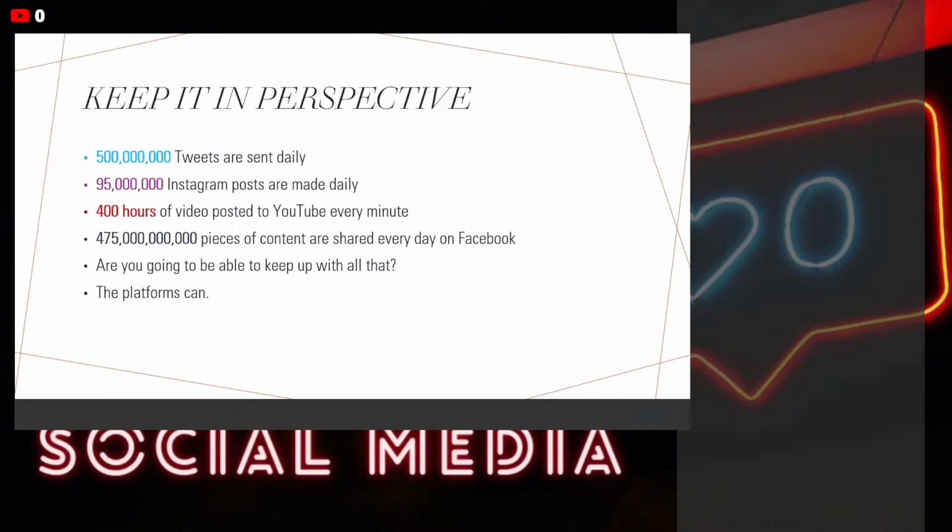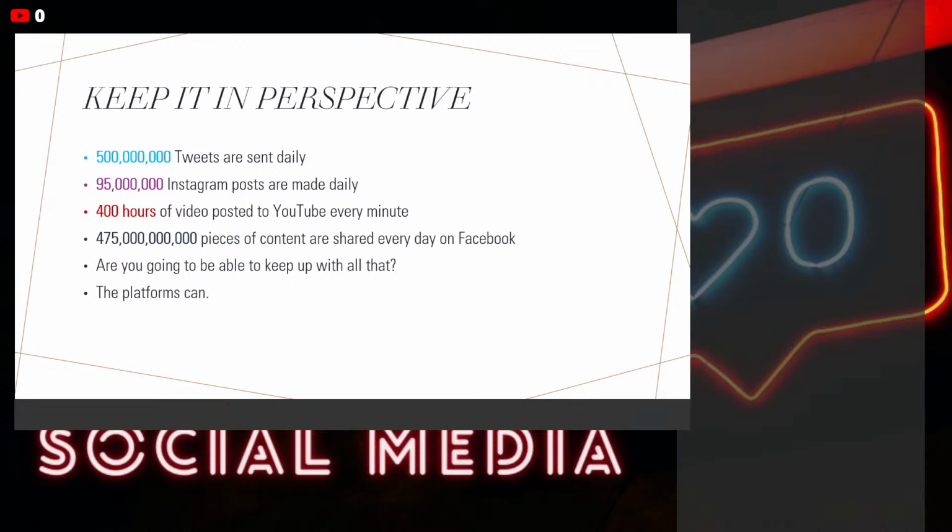Meta, Facebook, has the ability to keep track of the 95 million Instagram posts and 475 billion Facebook shares. They have that built in. Because again, that's part of their business model. That's what they do. Right? Part of the way they make money and sell advertising is based on how much content moves throughout their sites. So they have the ability to track this stuff and to have numbers and data that's associated with it.